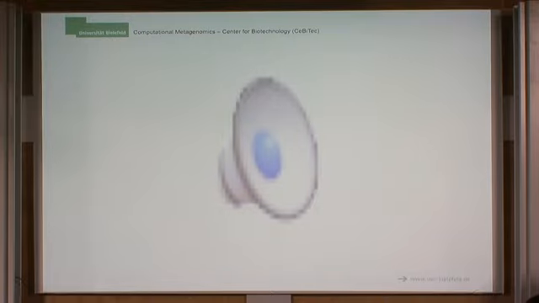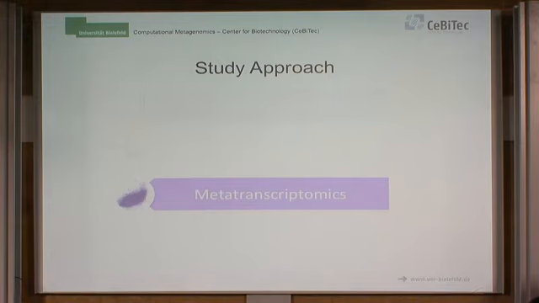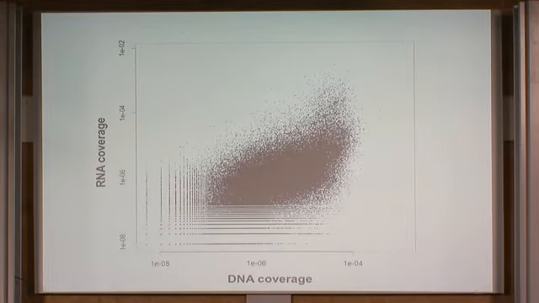Anyway. Okay. So the next data, I just have a glimpse into the data here. We also do metatranscriptomics to see which genes are actually active, or let's say transcribed. So now you're looking at genes, right?